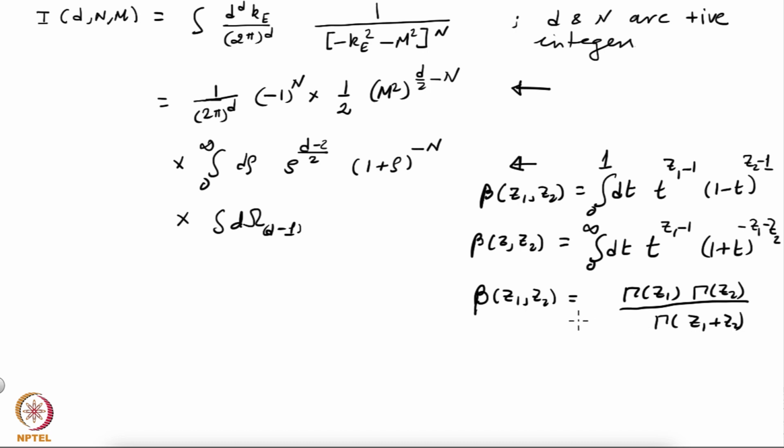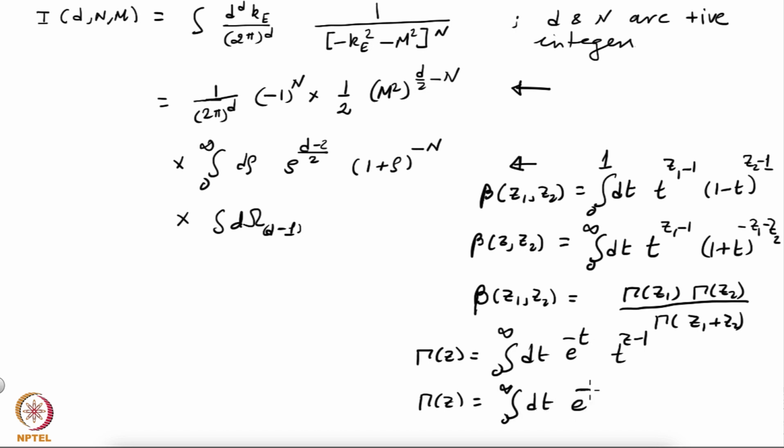And also the gamma function is defined as follows. And there is another form. There are several forms, but this is the one we will use. t goes from 0 to infinity, e to the minus t square, t to the 2z minus 1. Okay, so these results will be useful.